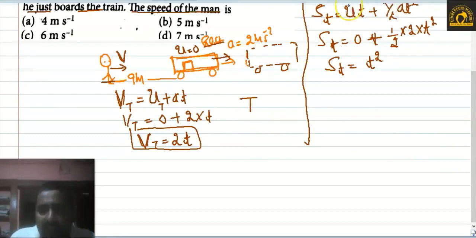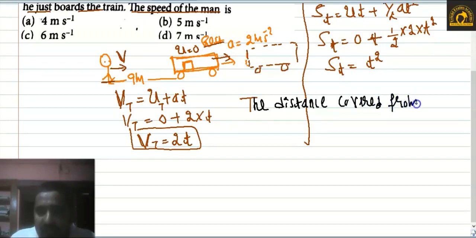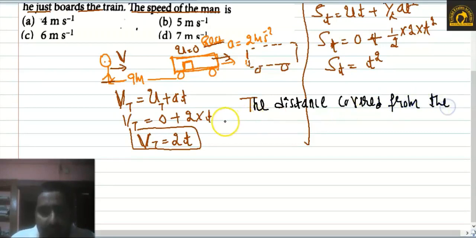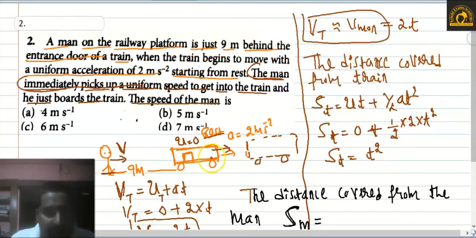Then what is the distance covered by the man? Let's see the figure. The distance covered by the train is t squared.